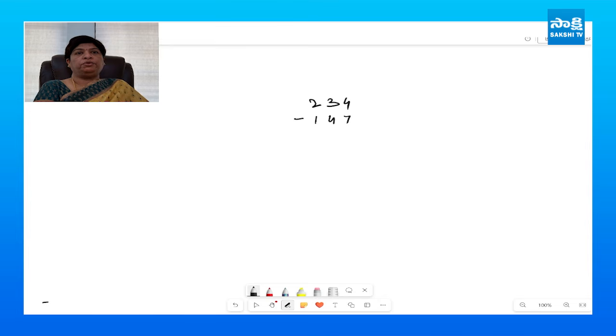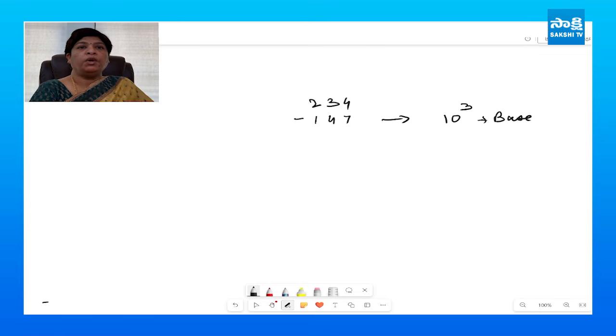Firstly, we need to identify the negative number, and in this case minus 147 is the negative number. After identifying the negative number, we need to choose the base. Here the base of the negative number would be 10 to the power of 3, since there are 3 digits, so the base would be 10 to the power of 3.